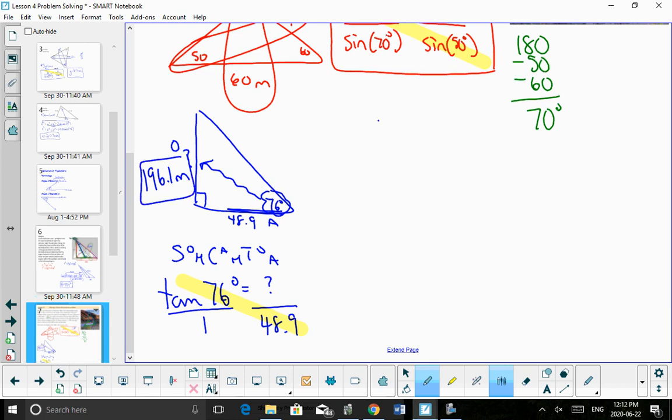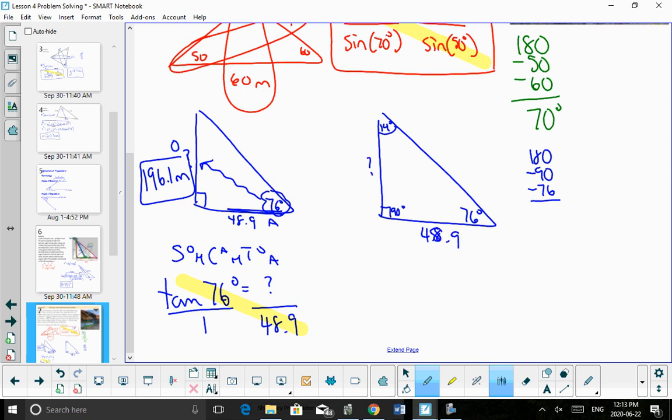If you do not like that option, option 2 is this. If I know that angle there is 76 and I know this one here is 90, I can find this angle right here quite quickly, and I get that to be 14 degrees. Now I know this is 48.9, and I'm looking for this.